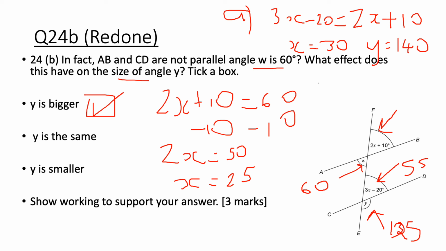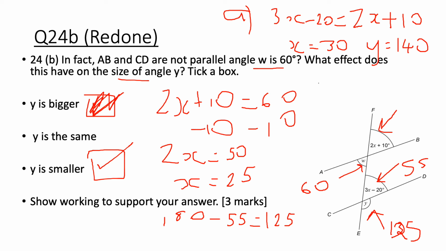Sorry, let me see again. So my answer for part B is that y is smaller, because 180 take away 55 is 125.